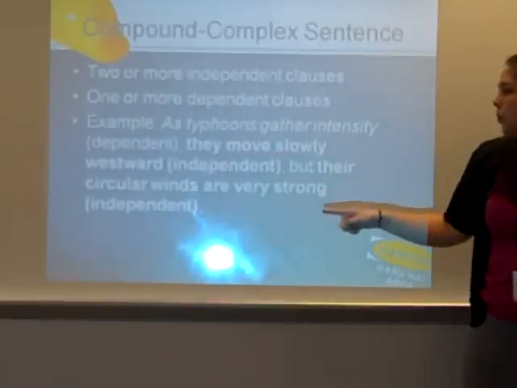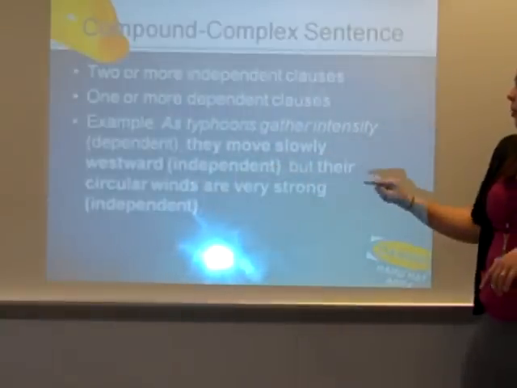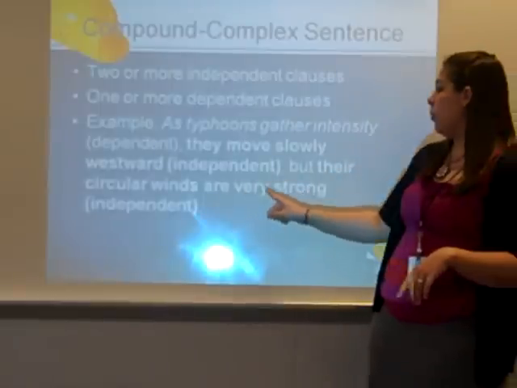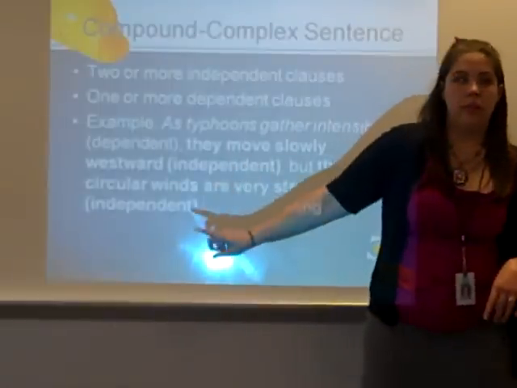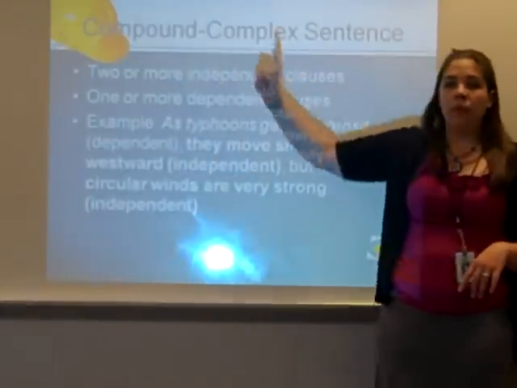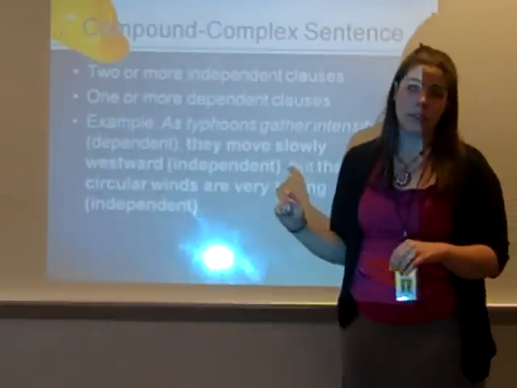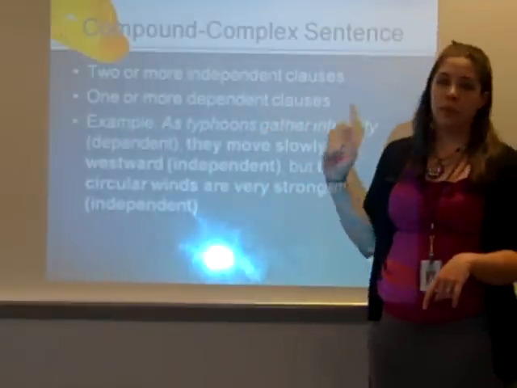They move slowly westward, independent, and a comma and a conjunction, but their circular winds are very strong. That's also independent. Think of this like a married couple with a child. They're still working together, but they could stand on their own. But now they have something else to support that couldn't.